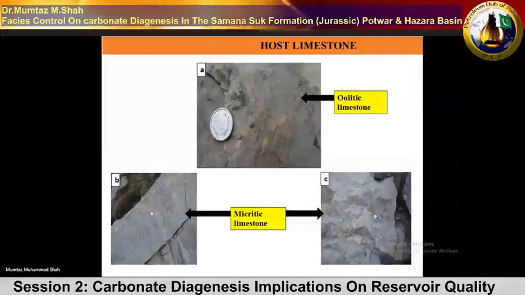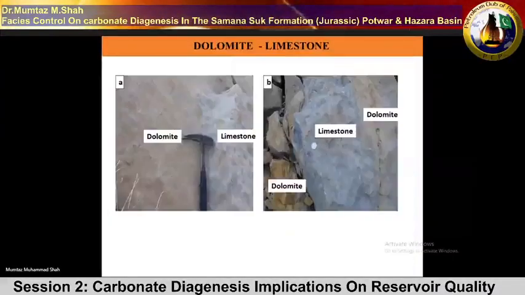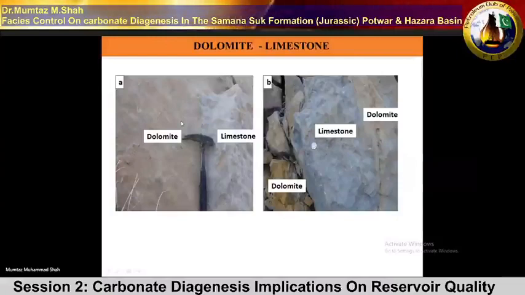Micritic limestone can be seen over here. Then we have a clear contact between the limestone and the dolostone, where this dark gray color represents the dolomite and the limestone over there.